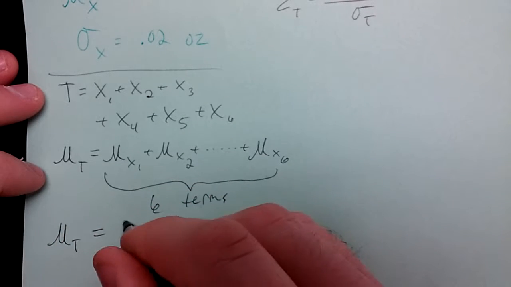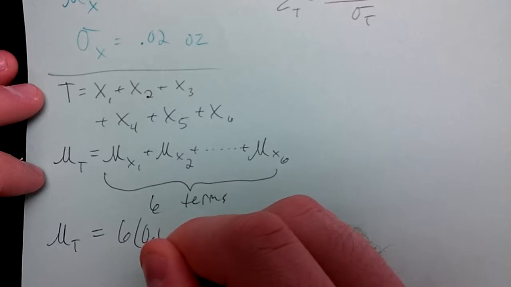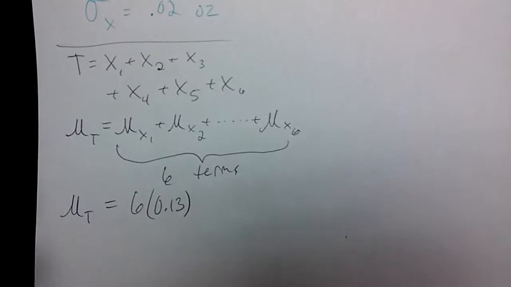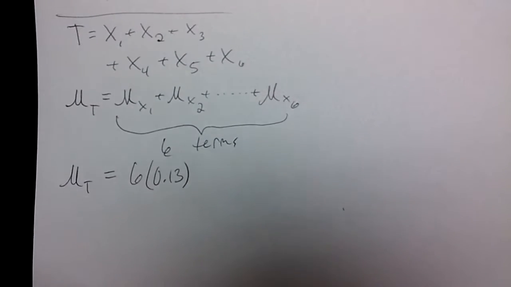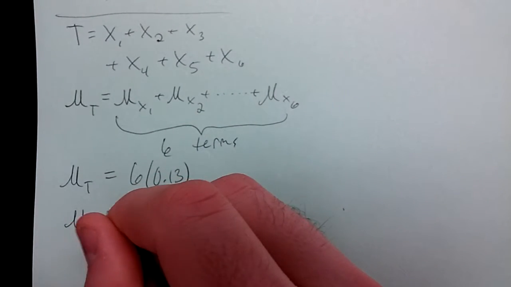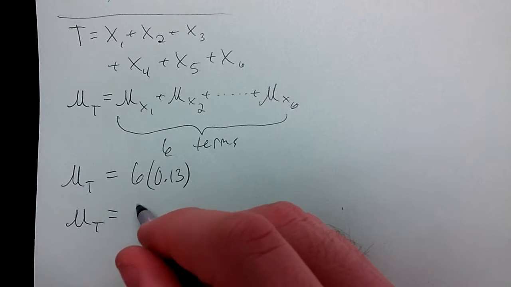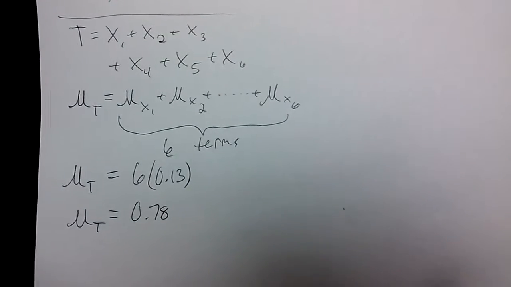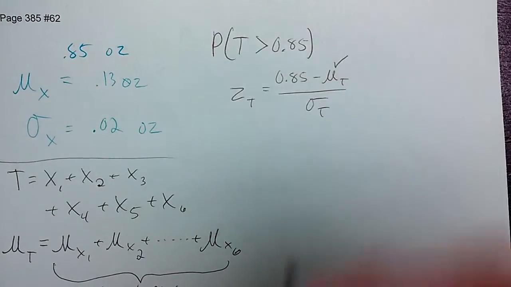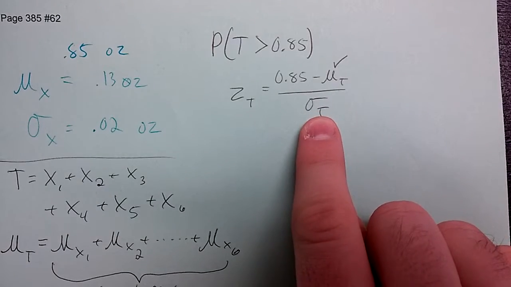So mu T is going to be 6 times 0.13. It's repeated addition and multiplication. This ends up being a mean of T of 0.78. So in our z-score formula, we have found that term. Now we need to move on to find sigma T.